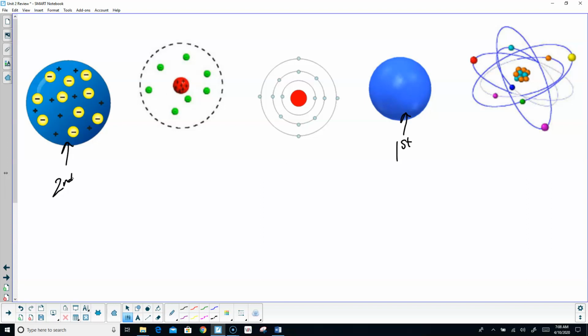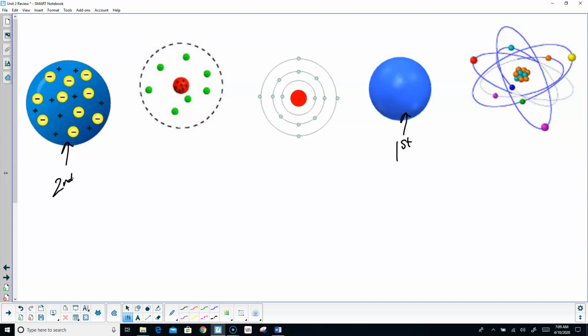And so he originally called these things corpuscles, and they changed to electrons. But he gave the analogy of being like, he called it the plum pudding model. Plum pudding's kind of like a blueberry muffin. So he said like the muffiny part is positive, and then like the blueberries interspersed throughout are negative. And so that is the second one. That was in the late 1790s.